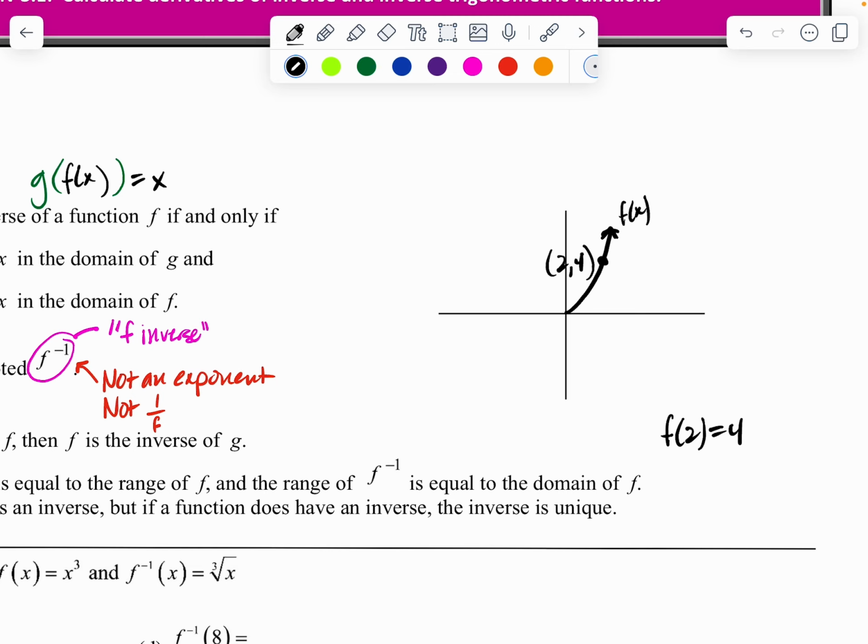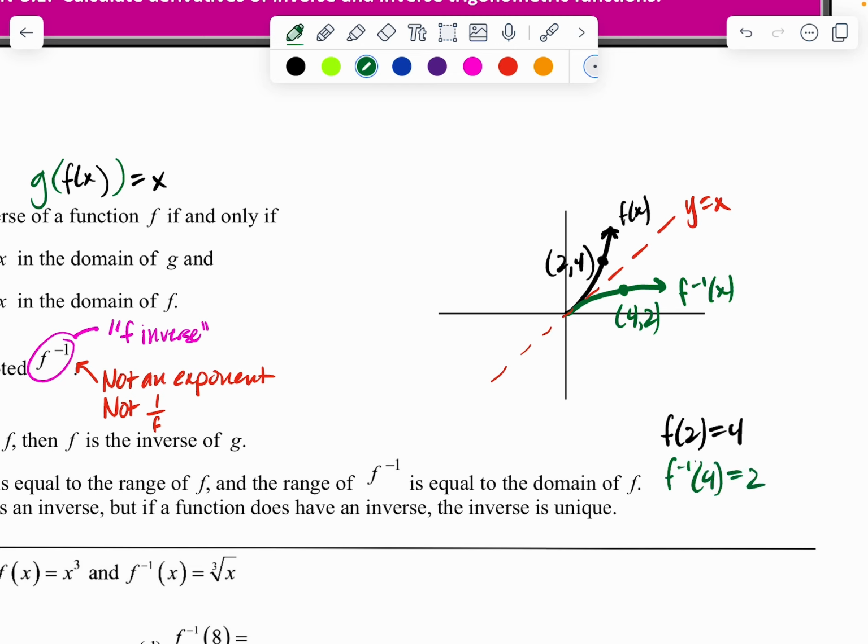The inverse function, the domain and range reverse. So the inverse function looks like this. It's actually a reflection. They are reflections over the line y equals x. So this is f inverse of x, and it has the point (4, 2), so that f inverse of 4 equals 2.